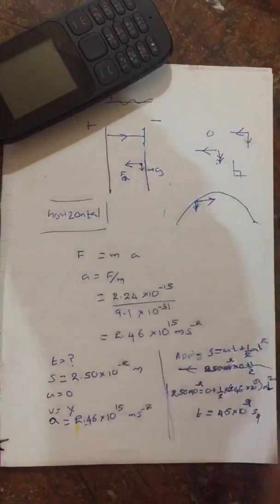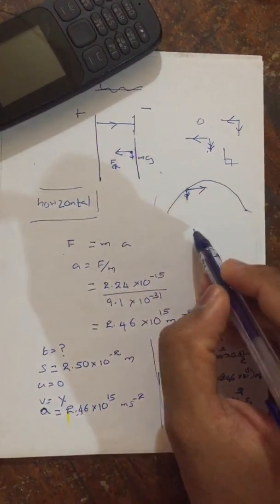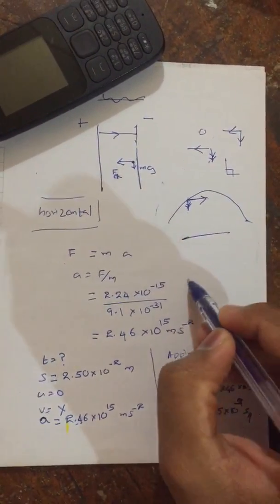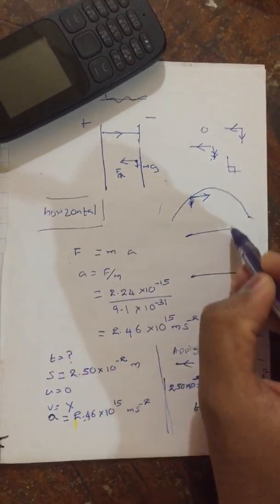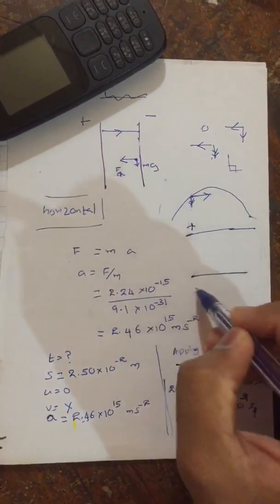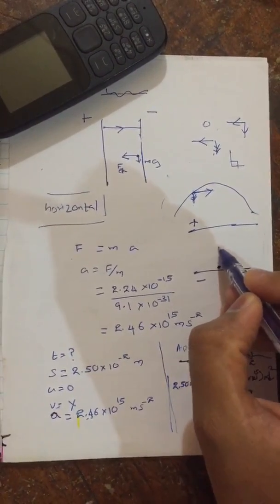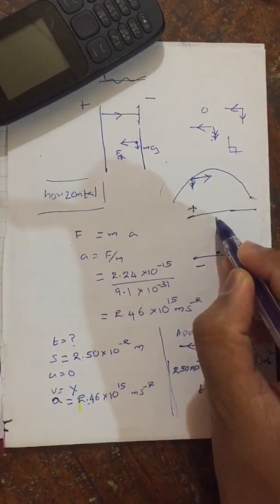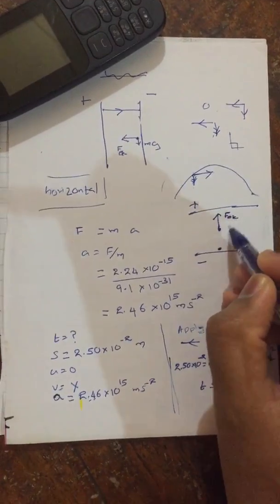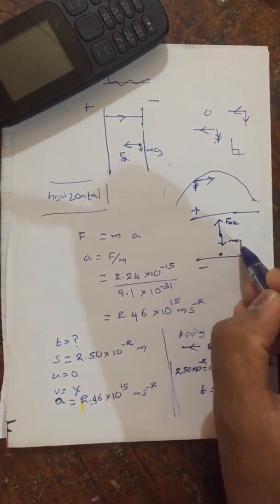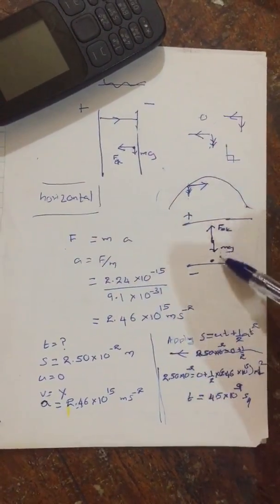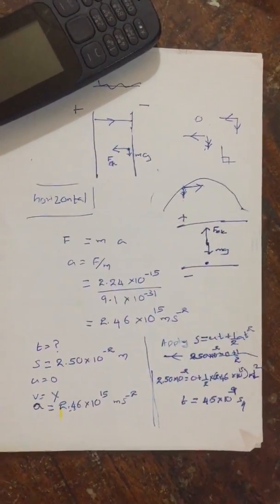If the situation was like this, look here, if the plates were like this and the electron was here, then there would be an electric force upward and a gravitational force downward. Now both the forces are on the same line of action.